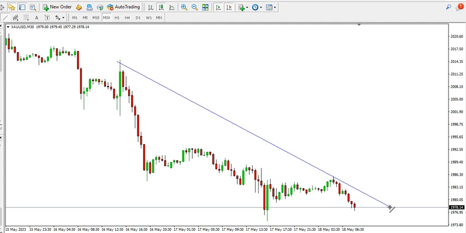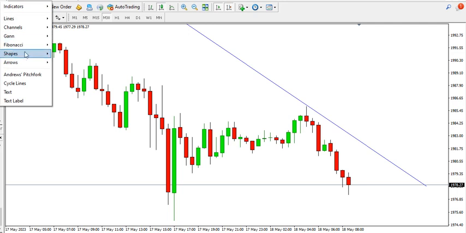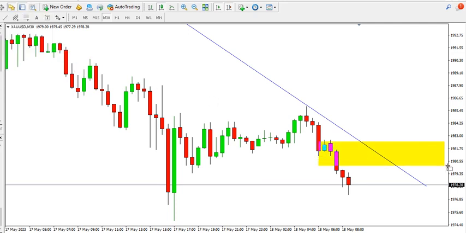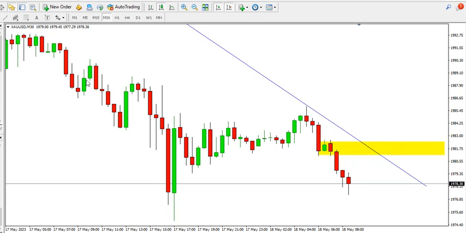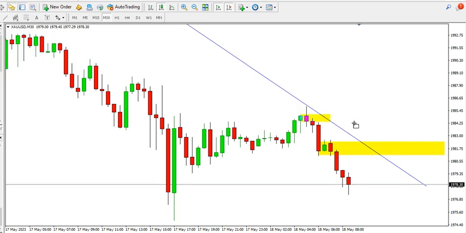It continues to drop until we have a break of this descending trend line. Price should continue to drop, and as price drops, it's creating other blocks. This is another block that might serve as resistance to price. That's another block, and this is another block.